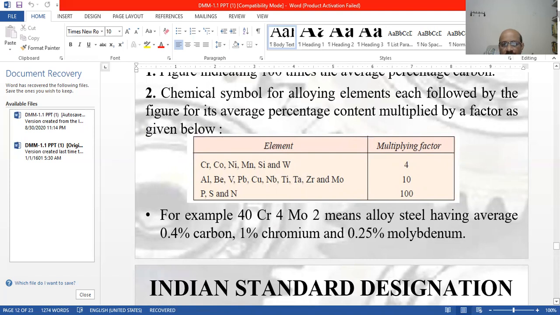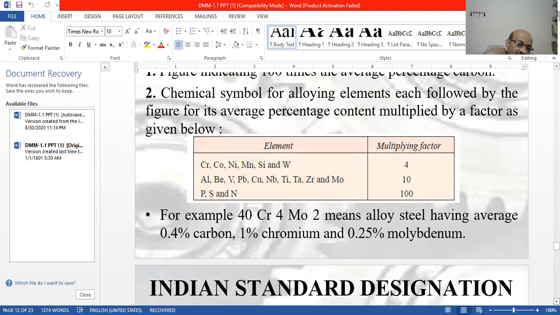So for example, you take 40Cr4Mo2, where Mo is molybdenum. It means the alloy steel has 0.4% of carbon, 1% of chromium, and 0.25% of molybdenum. Here you please clearly observe the example: for the element chromium, we multiply by 4, that multiplying factor.